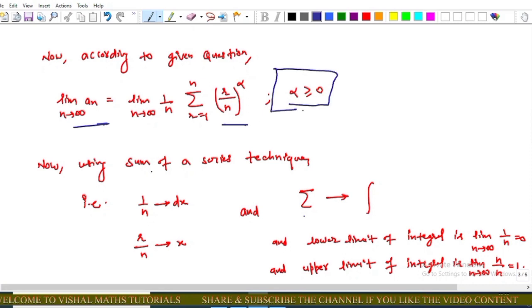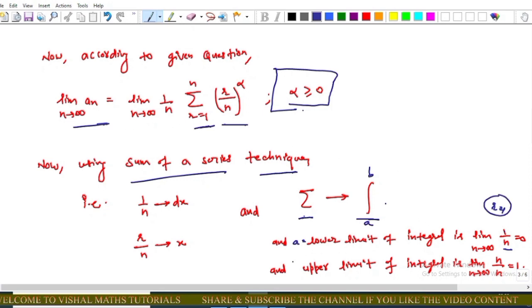Now using the sum of series technique in real analysis, that is 1 upon n equals dx and r upon n equals x, and this summation tends to an integral. For this integral, the lower limit a is equal to limit n tends to infinity of 1 upon n, where n is fixed and the value of r is equal to 1 in this summation.